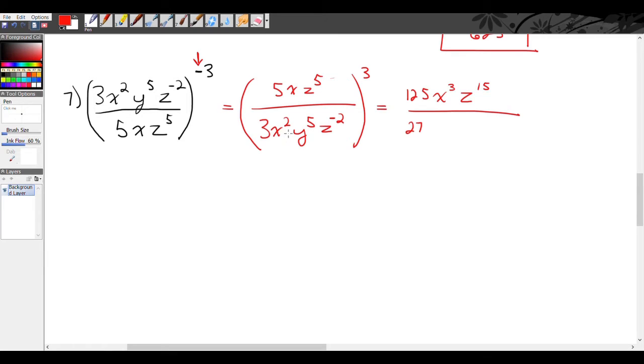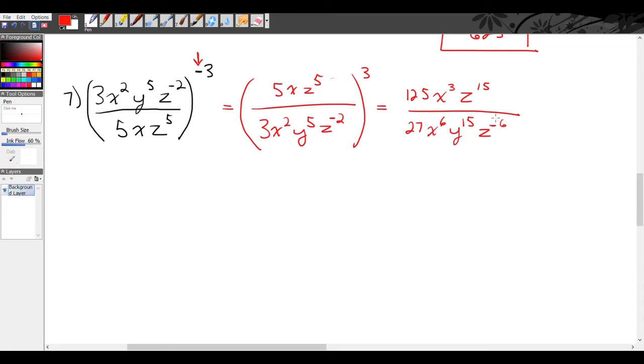Then we have x to the second power raised to the third power. Multiply the exponents. 2 times 3 is 6, so x to the 6th power. Y to the 5th raised to the third power. Multiply the exponents. 5 times 3 is 15, so y to the 15th power. And finally, z to the negative 2nd raised to the third power. Negative 2 times 3 is negative 6, so z to the negative 6th power.